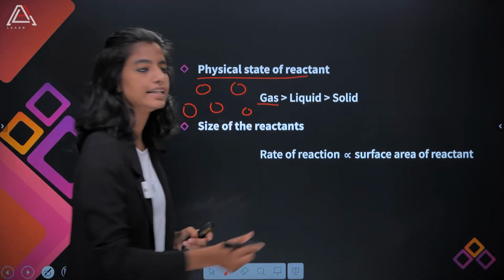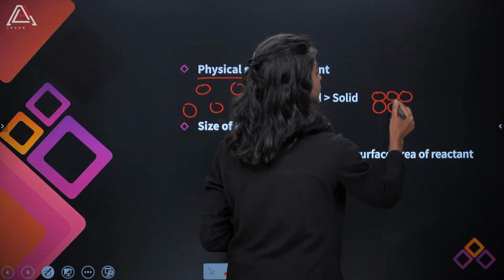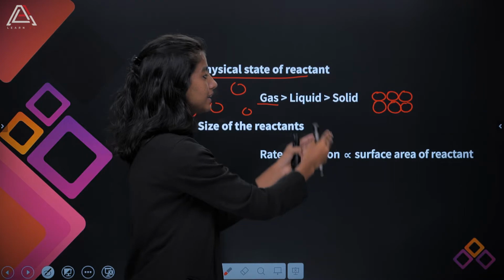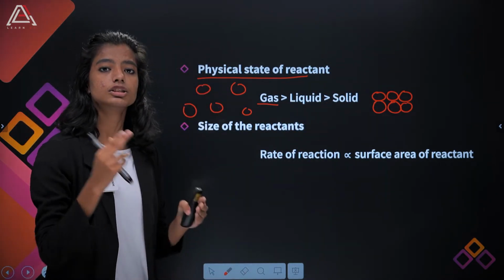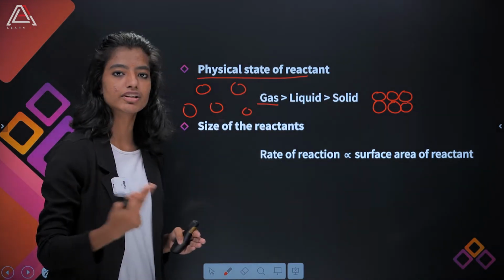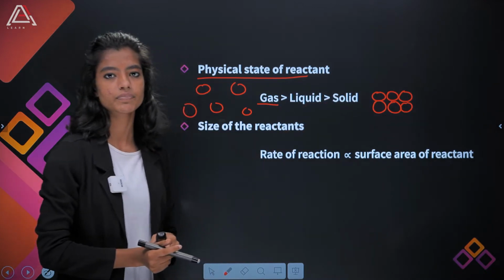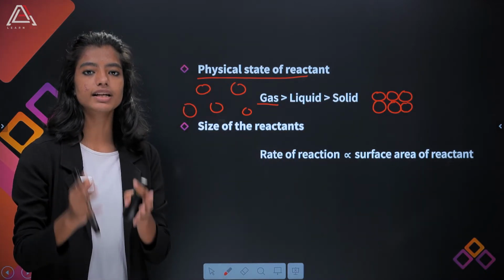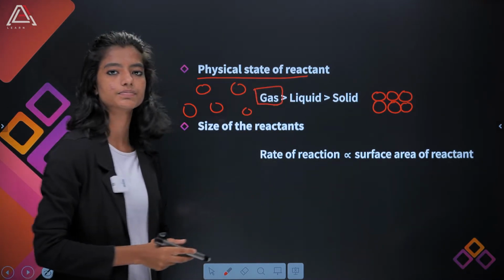And in solid state they are compactly arranged, right? So, the chances of collision are less in the solid state than the gaseous state. So, the order for the rate of chemical reaction is gas is greater than liquid is greater than solid. So, the rate of chemical reaction increases if the reactants are in gaseous state.